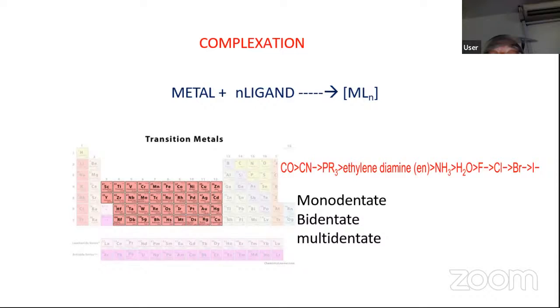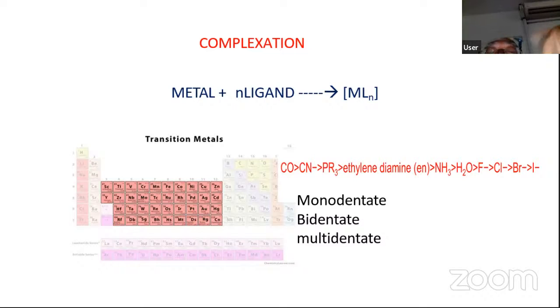We call it multidentate. Okay, so this is the big difference between inorganic or coordination compound compared to the organic substitution reactions. But here we are studying substitution reaction of the metal complexes.